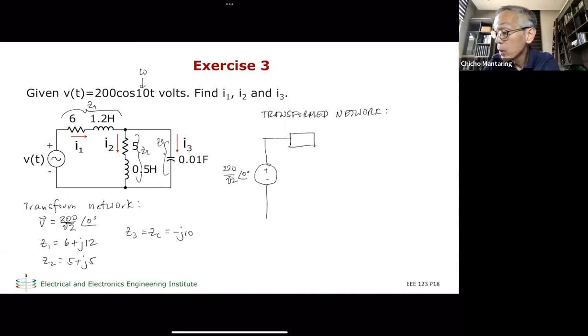I'll just draw it like this. This is 6 plus j12. This is 5 plus j5. These are in ohms. And this is minus j10.